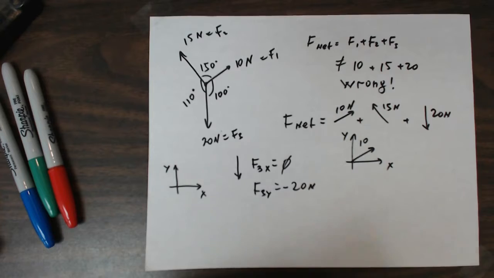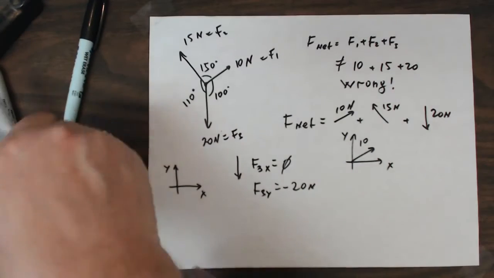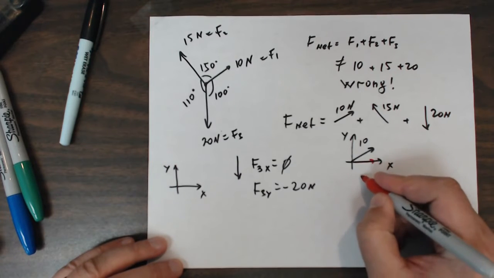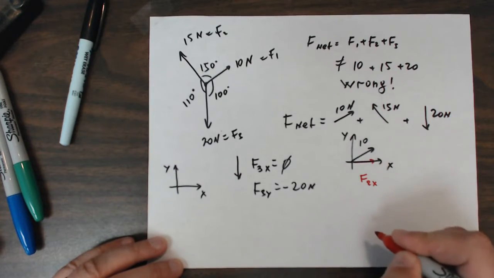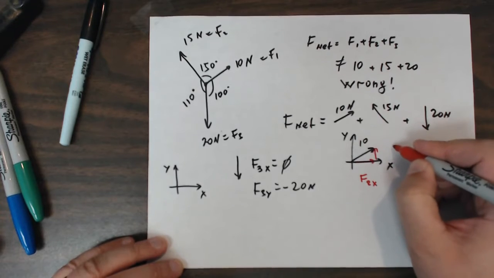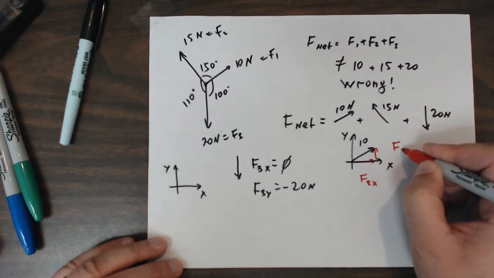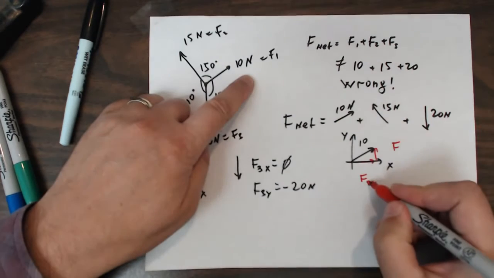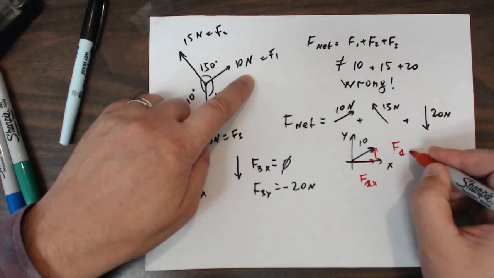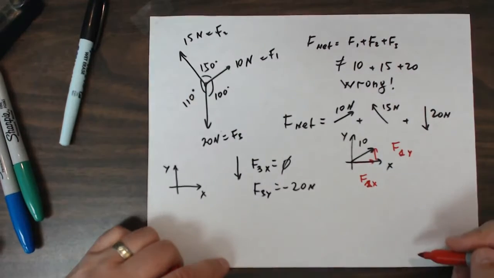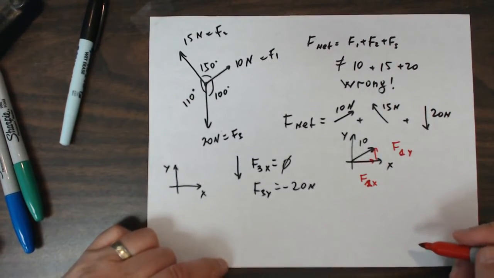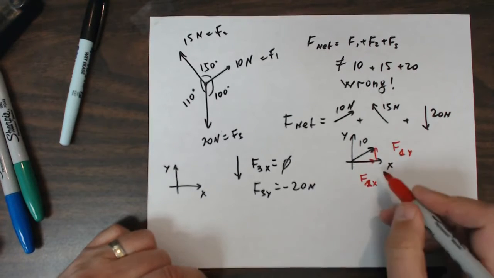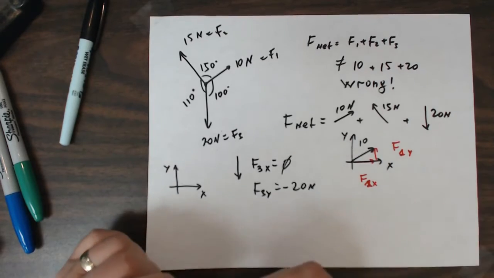Now this arrow. It has 2 components. The x component points to the right, the y component. This is 10 F1. Points up. So as we know, a vector together with its components always form a right angle triangle.